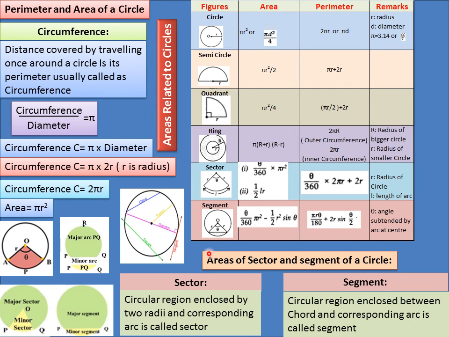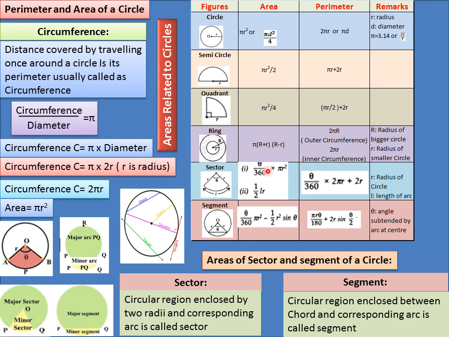Theta is the angle subtended by an arc at the center. So this segment area, I hope you are able to remember: it is nothing but the area of the sector minus the area of the triangle. By subtracting the area of the triangle from the area of the sector, we will be able to find the area of a segment.